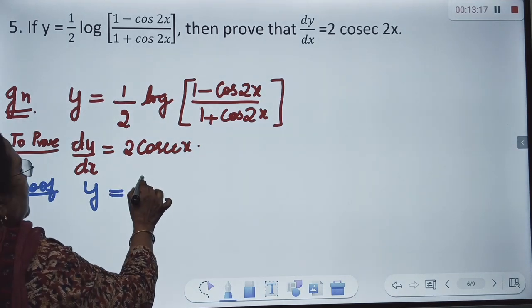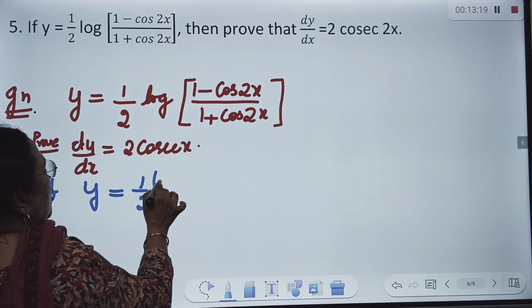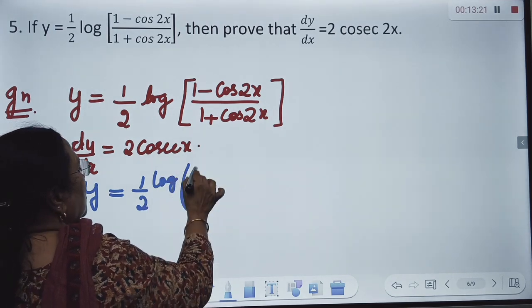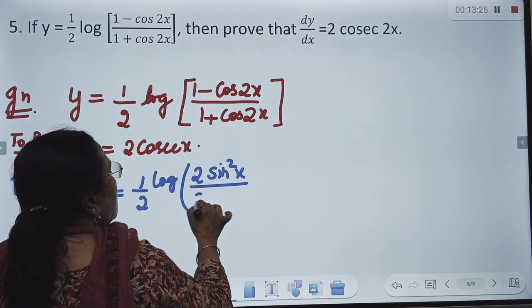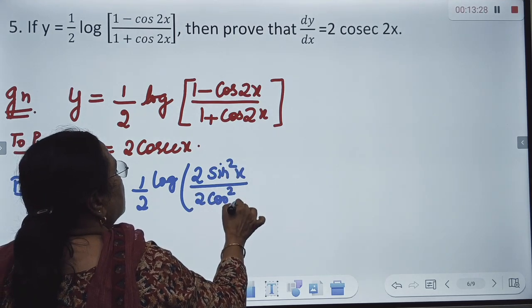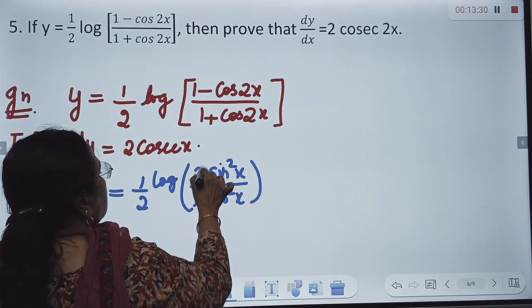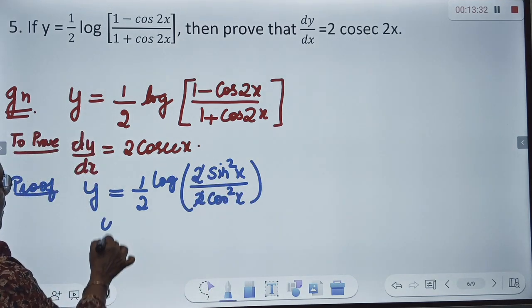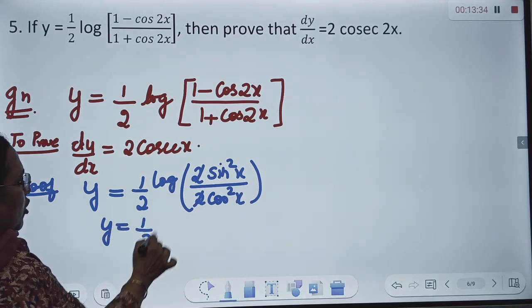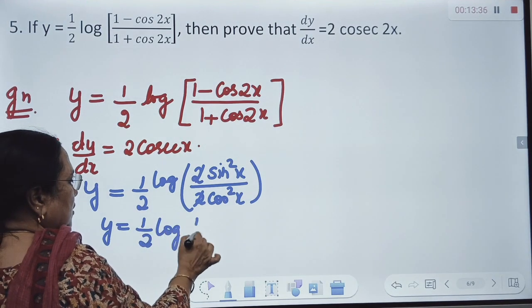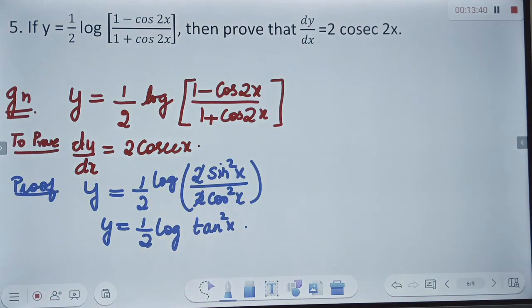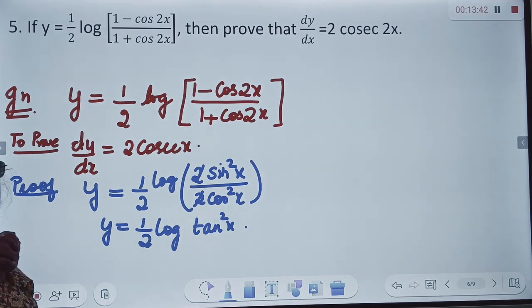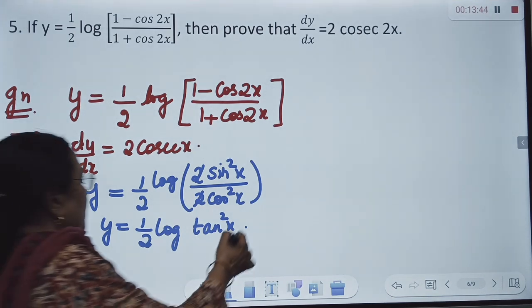So this is y equal to half into log of 2 sin square x by 2 cos square x. So y equals half of log tan square x.